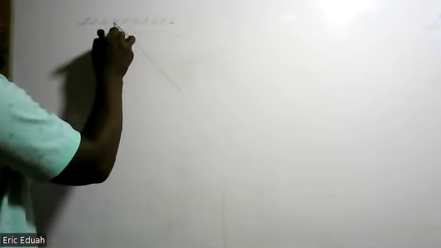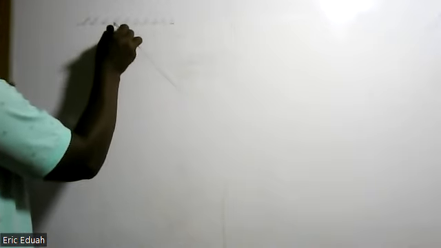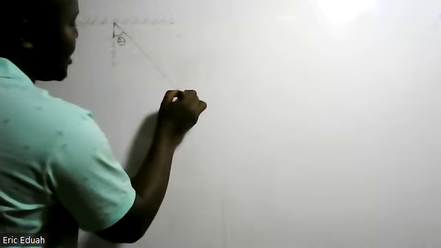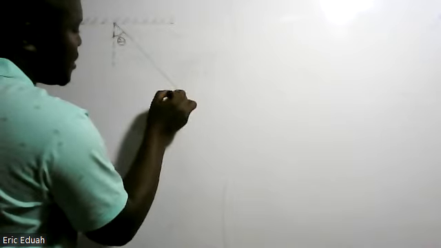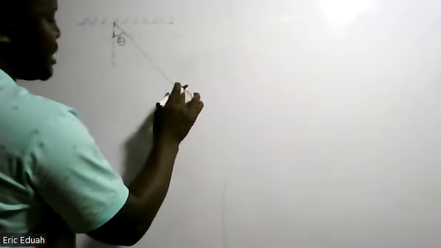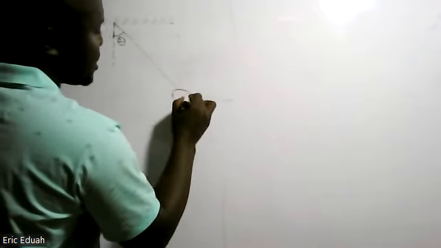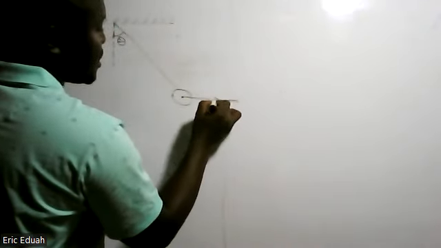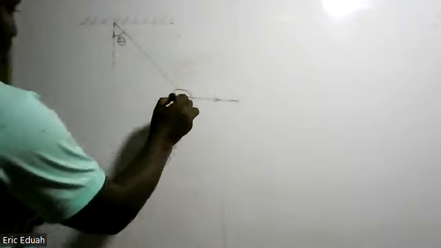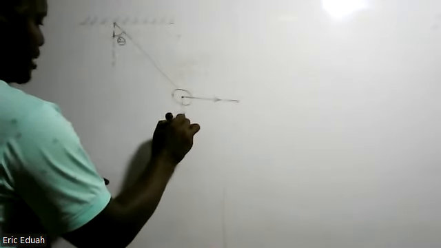If I draw a vertical line, this is the angle the string makes with it. Now at the other end of it, there is a mass. This mass is being pulled by a force. The mass is 4 kilograms.